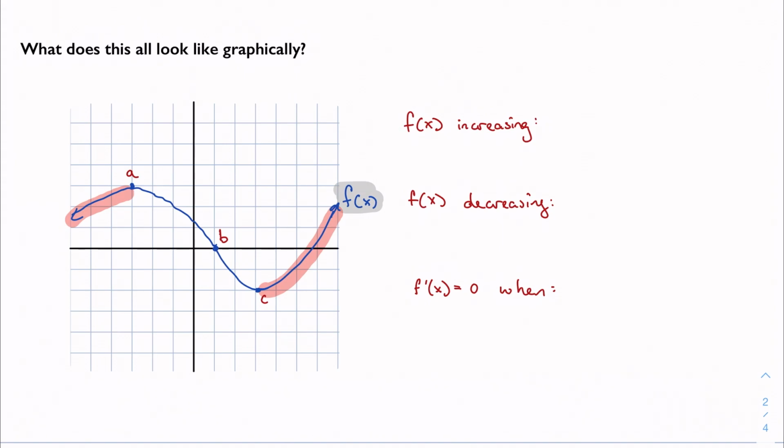So where is f of x increasing? I guess I should really say that this is a, and this is c, if I want to be more exact. It's increasing from -infinity to whatever a is, and then from c all the way up to infinity. And then it's decreasing everywhere else.